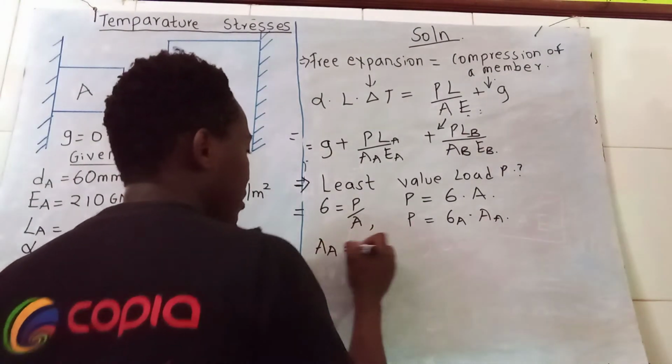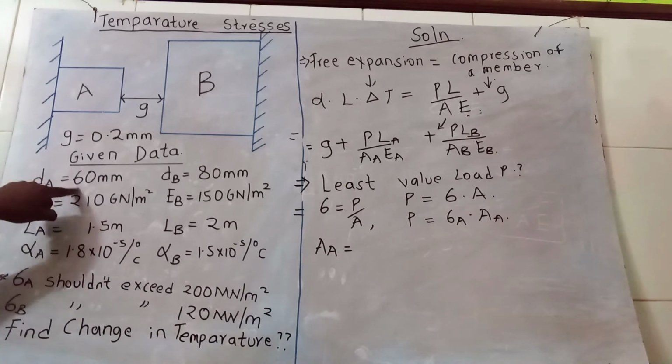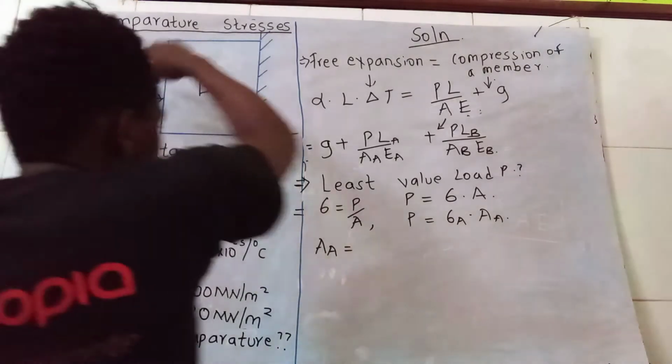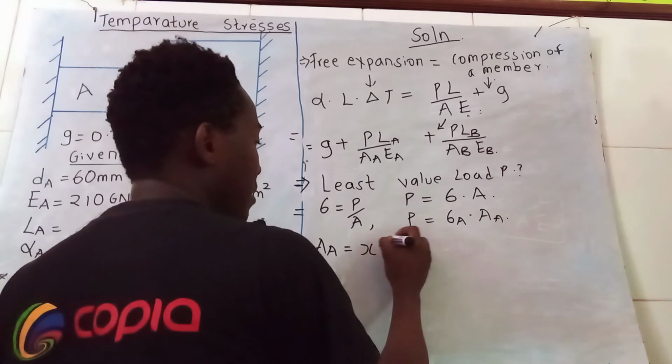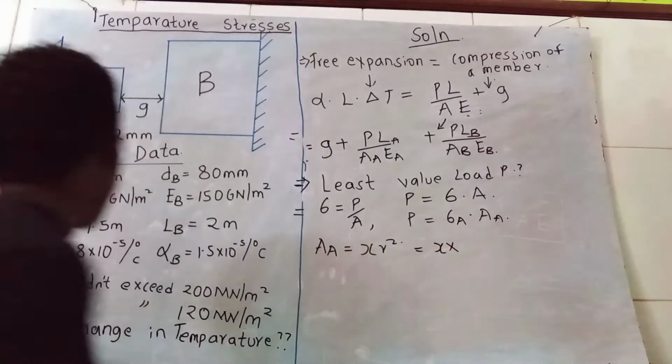The area of A is going to be given by pi r squared, since it is circular.